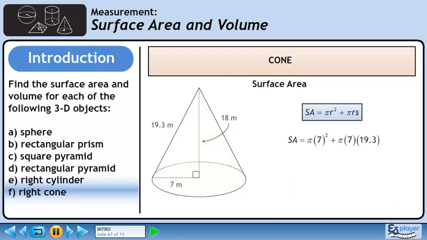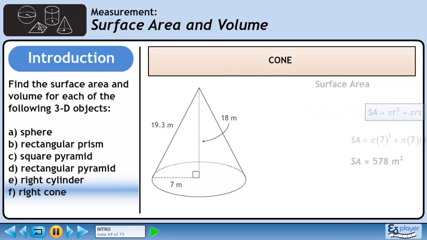Plug the values of the cone into the formula. The surface area is approximately 578 square meters. Now we'll learn how to calculate the volume.